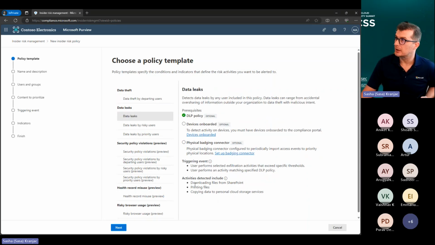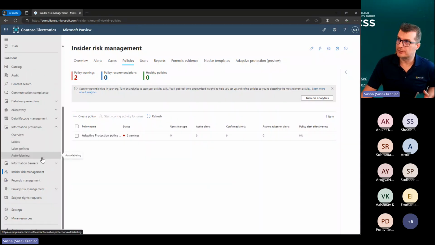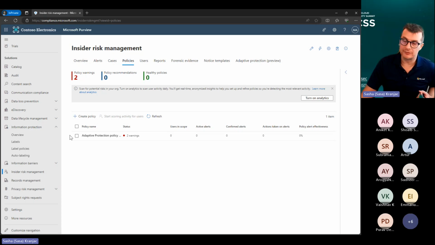Data leaks are also identified by these activities. So we saw, very briefly, a couple of these crucial and important insider risk management topics.